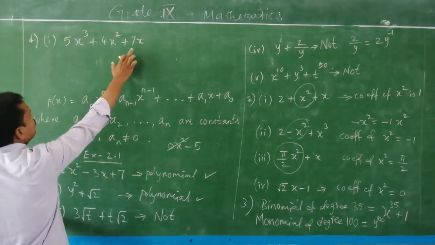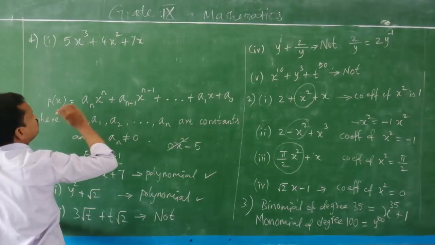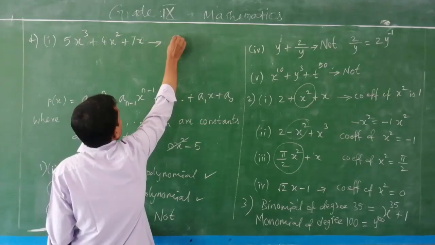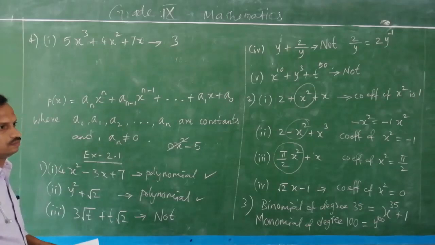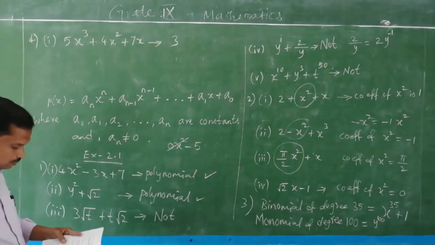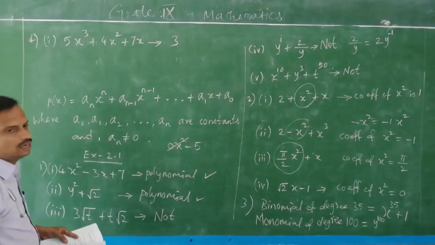The variable is x and the highest power is 3. The degree is the highest power of the given polynomial, so here 3 is the degree.